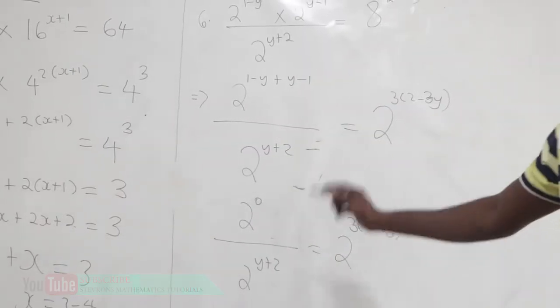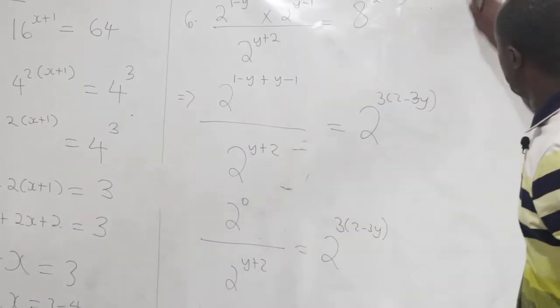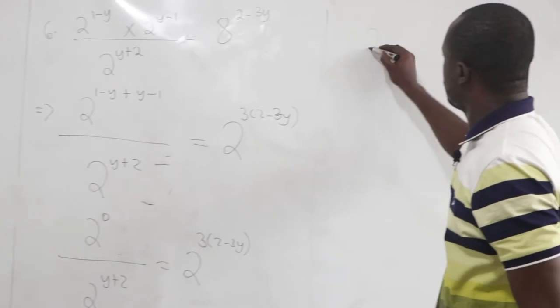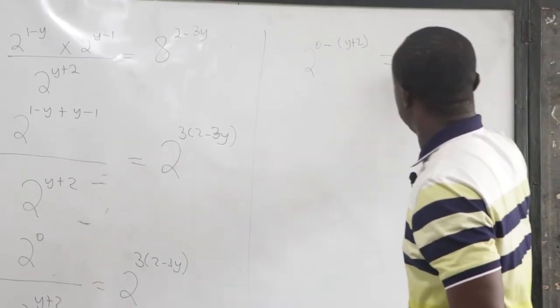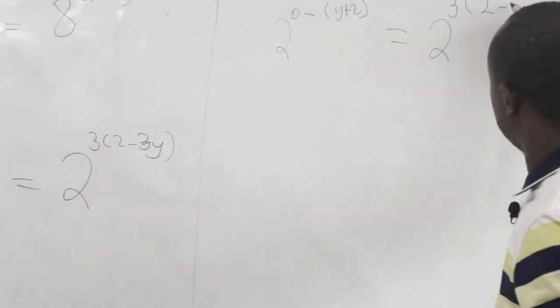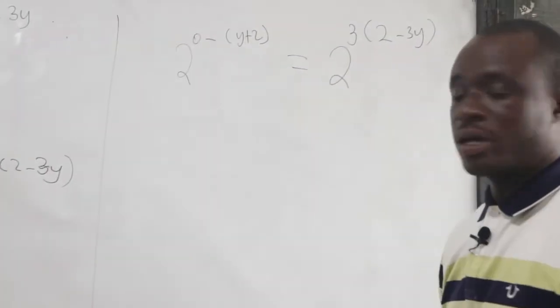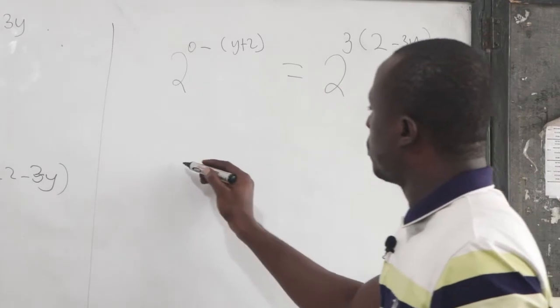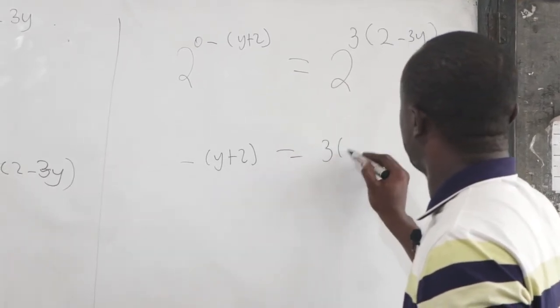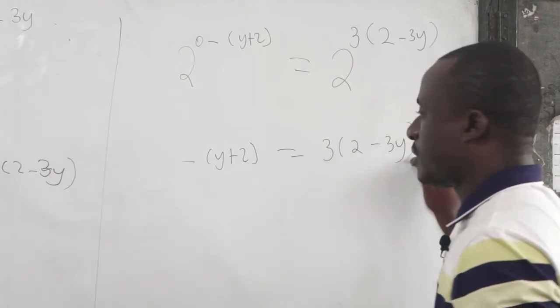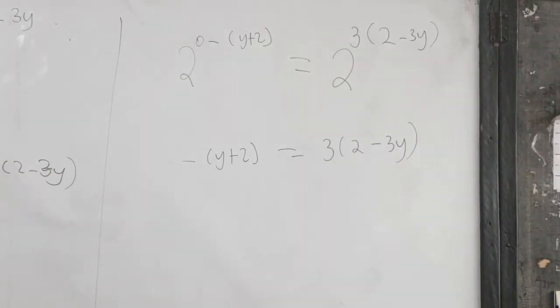These are the same, and we are dividing, so you subtract the exponents. You have 2 to the power 0 minus y plus 2 equal to 2 to the power 3 times 2 minus 3y. The bases are the same, so we equate the exponents. We have negative y plus 2 equal to 3 times 2 minus 3y. Clearly from here, what can we do? We have to expand.